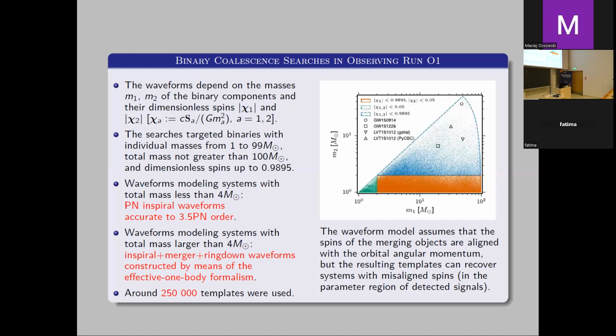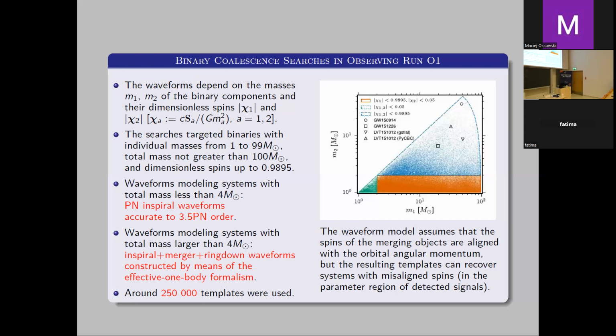For example, the green one is templates for the double neutron star signal, and this was just the post-Newtonian inspiral waveforms computed to the 3.5 post-Newtonian order. What does it mean? I will explain carefully very soon.